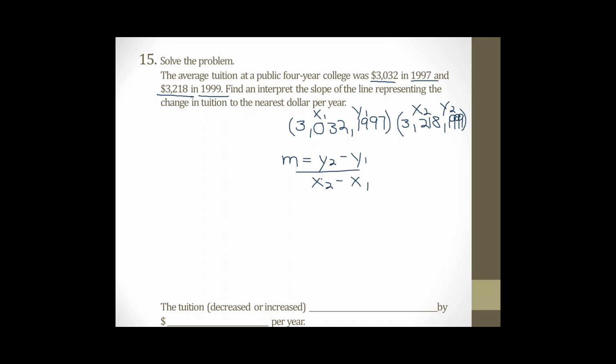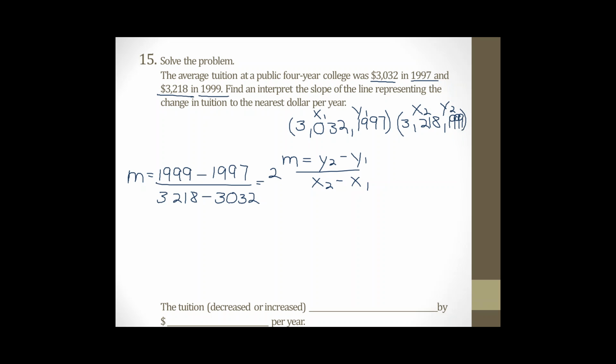And now I'm plugging this into my slope formula. So x2 is 1999 minus x1, which is 1997, all that over 3,218 minus 3,032.